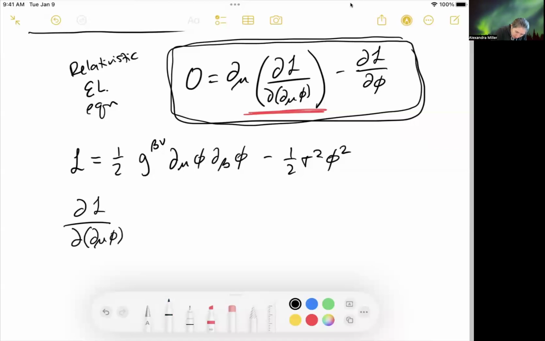So I want to take a derivative with respect to this whole quantity d mu phi. Sorry, I made a typo up above. This should be a nu right here. Okay, I want to take the derivative with respect to d mu phi of this thing. I see these two terms here which look like a d mu phi, except our indices have different names.